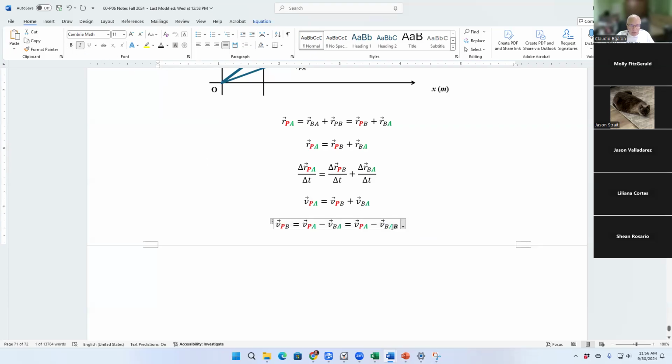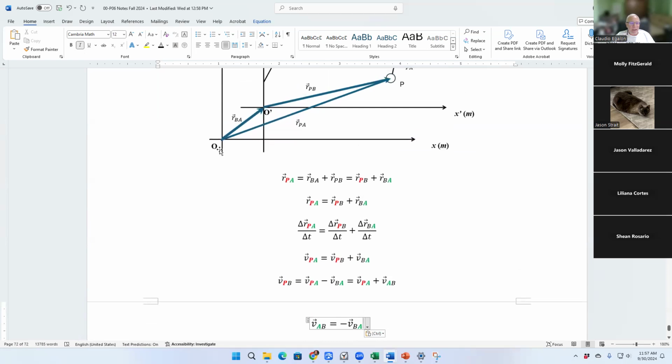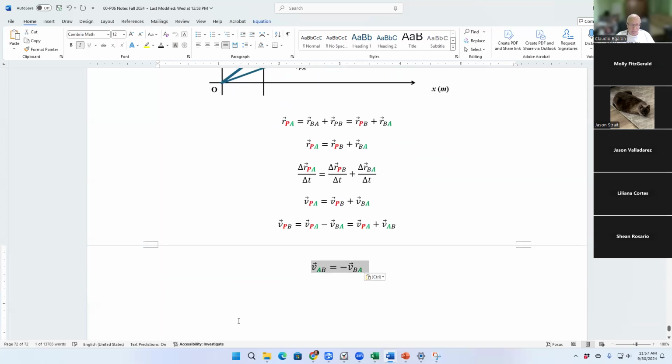What happens here? We can change the sign because VAB going from B to A is minus VBA going from A to B, okay? Just look at this vector right here. Position of B with respect to A, and then we also have the reverse, the position of A with respect to B. One is minus the other, and it applies right in here too.